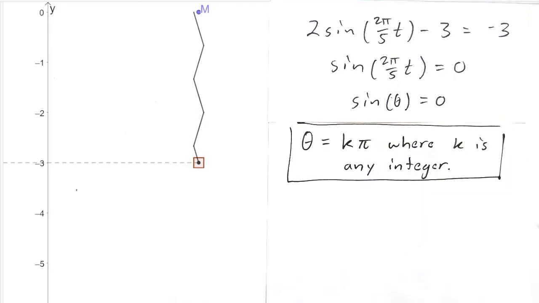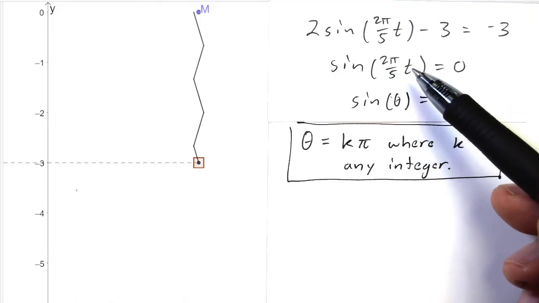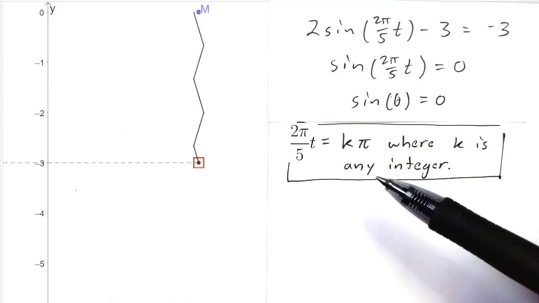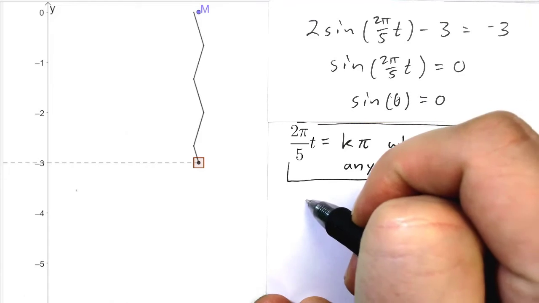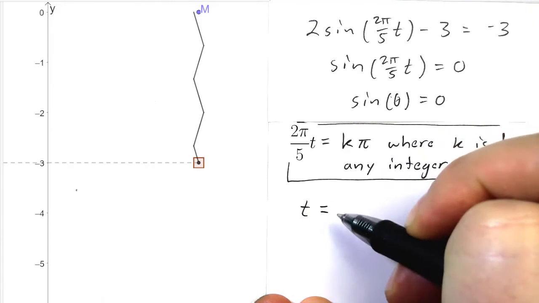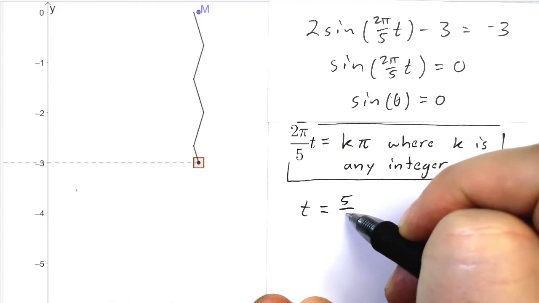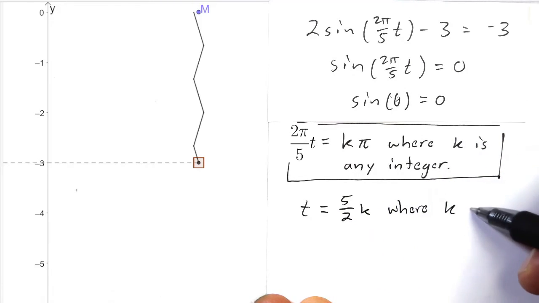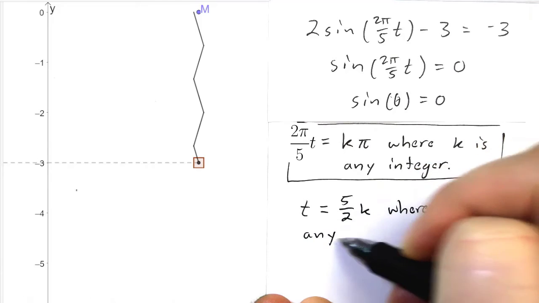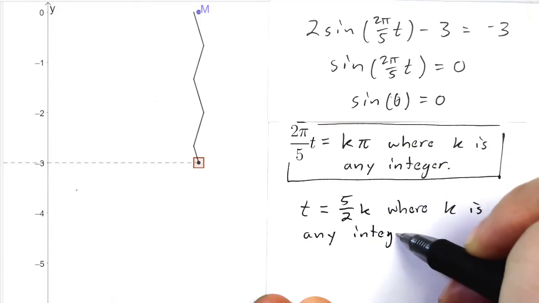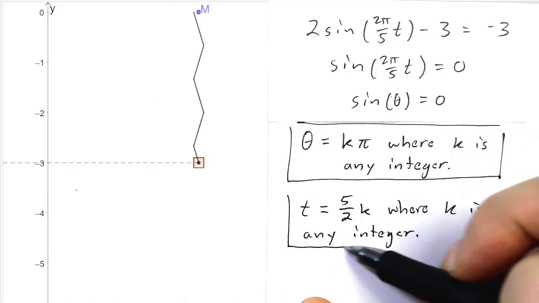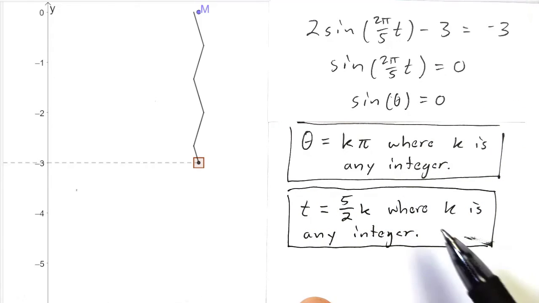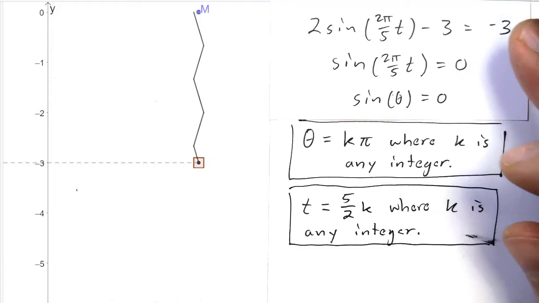Just like before, theta equals 2 pi over 5 times t, so plugging that in and solving this equation for t shows us that t is equal to 5/2 k, where k is any integer. And so that is the solution. These are the times when we are going to be at this middle position.